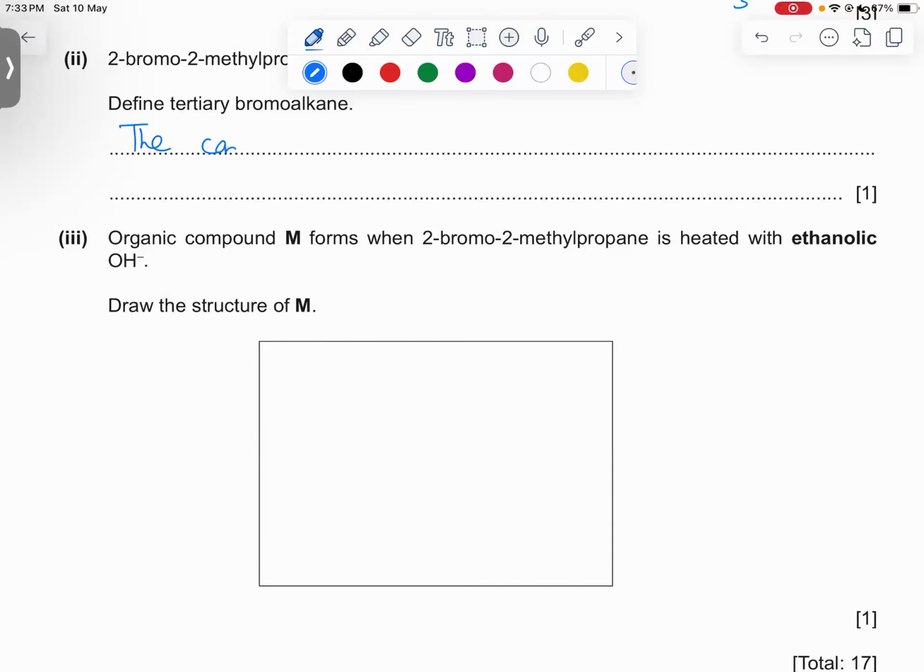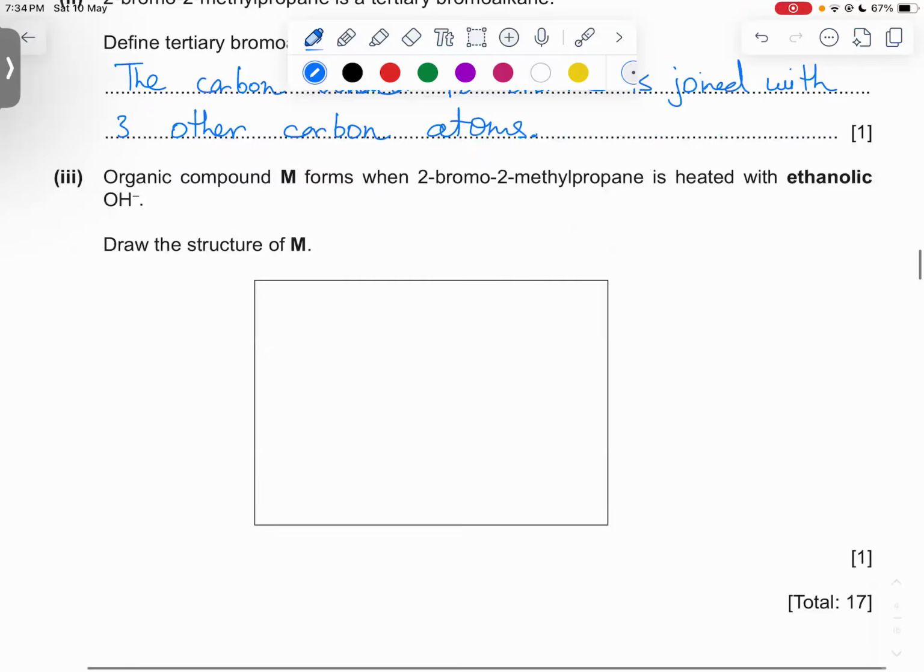We will say the carbon bonded to bromine is joined with 3 other carbon atoms. Full stop. Okay.